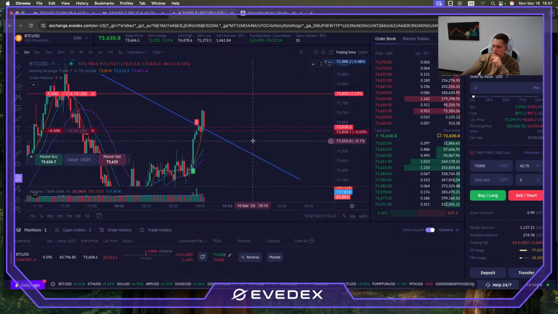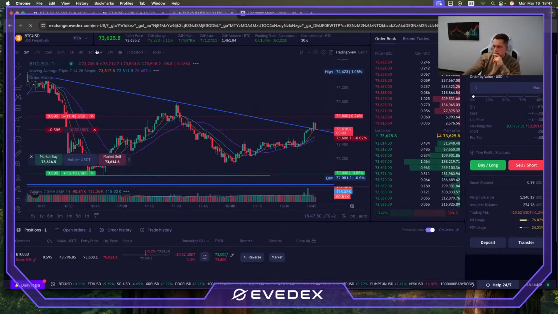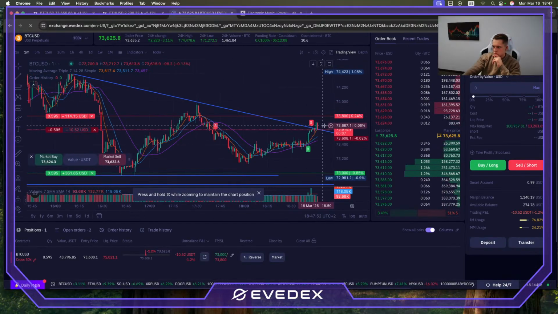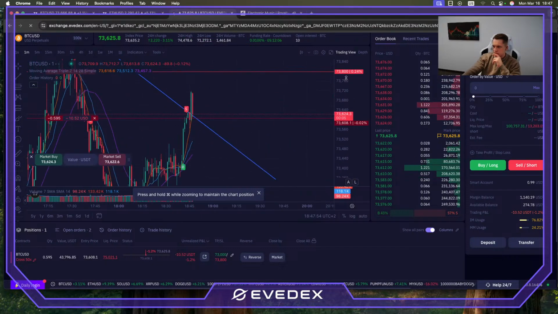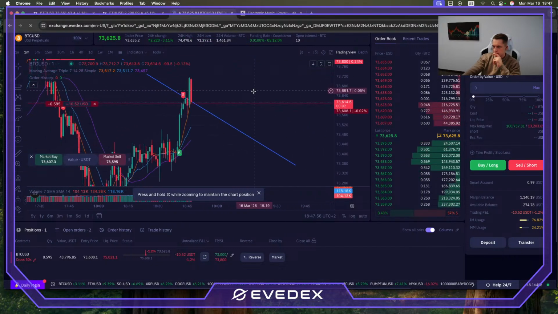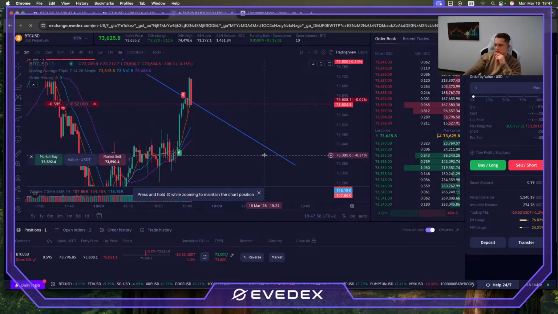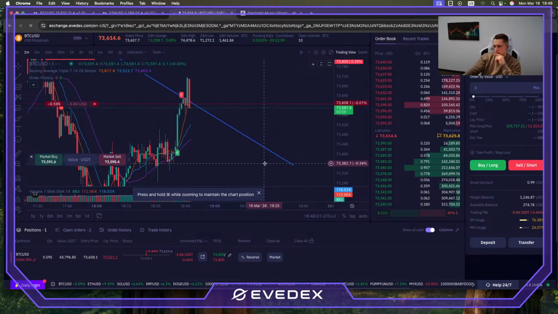How long have we got left for that candle formation? About 5 seconds. So it does look like a false break to me, as you guys can see.